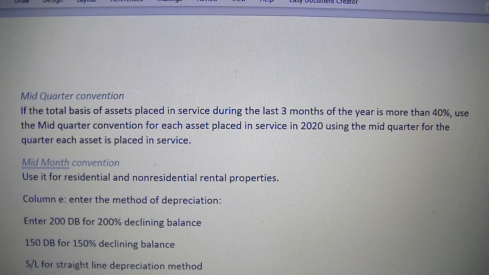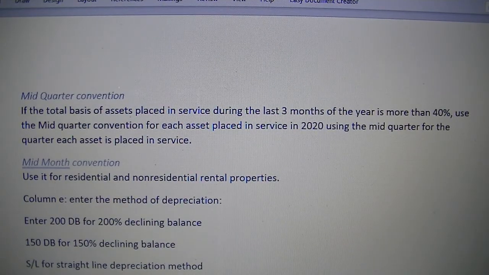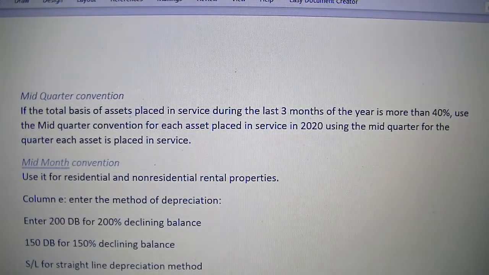It's good you record your assets, the date you purchase them, how much it costs you, including the tax you paid, and the date you place it in service.